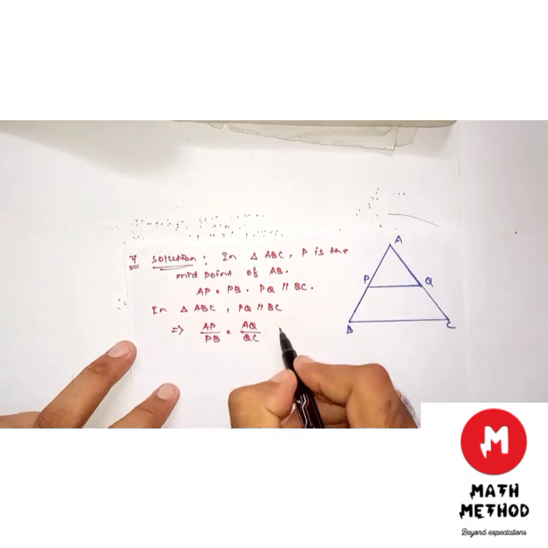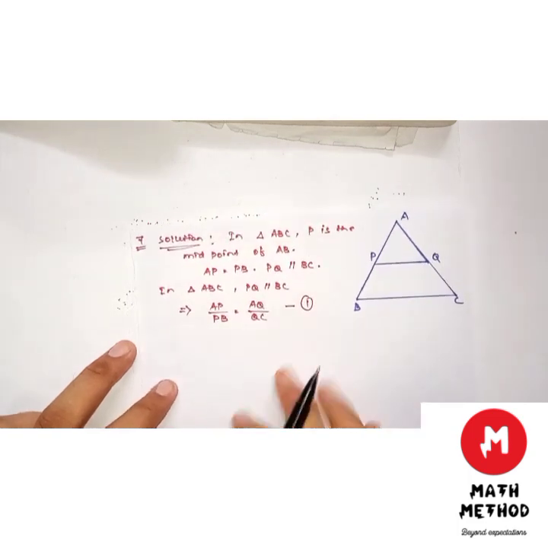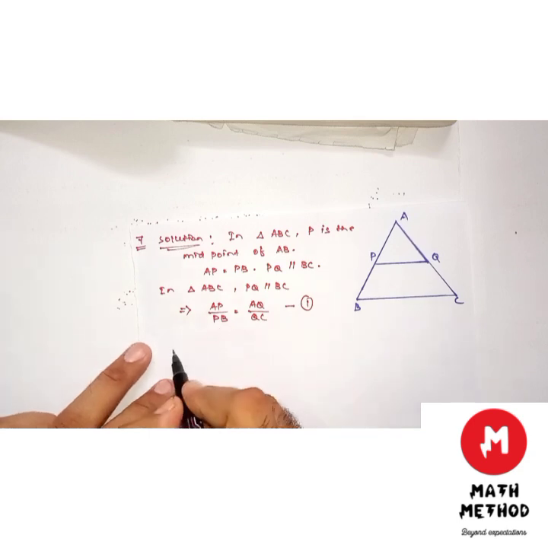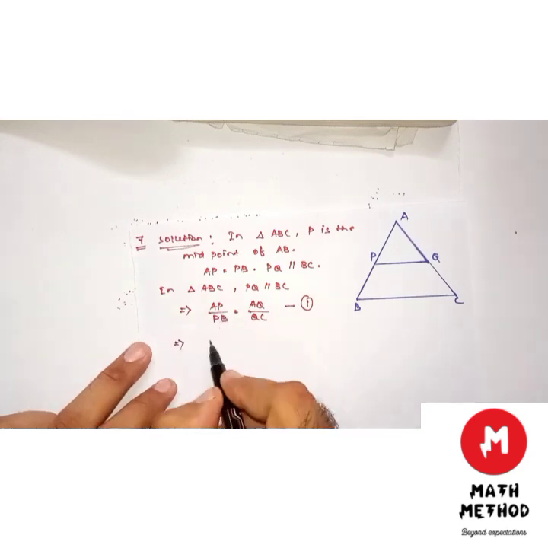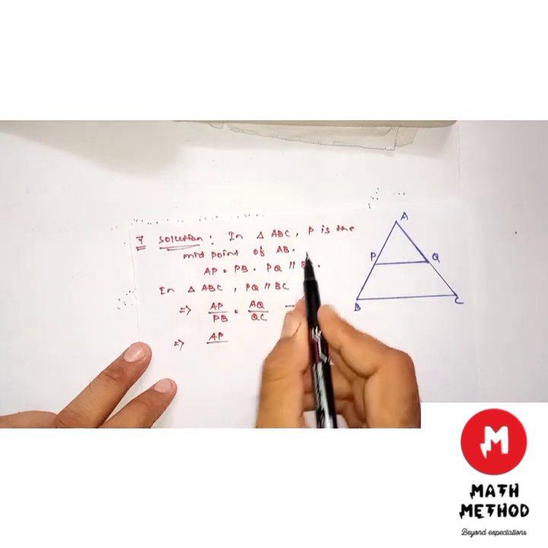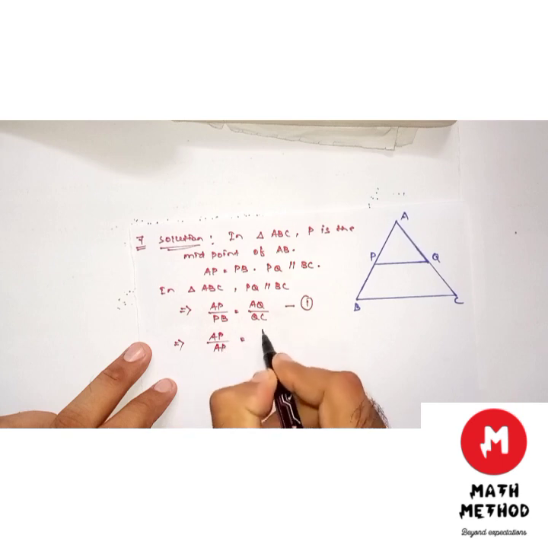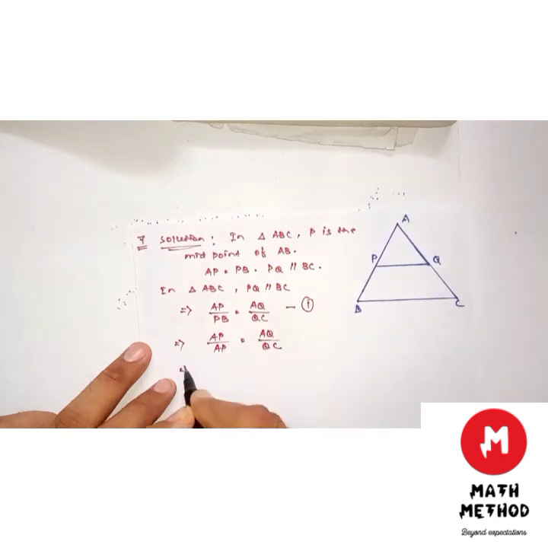Clear? This is our 1. Again we know that AP is equal to BP, so AP by PB is equal to AP upon AP is equal to AQ upon QC.